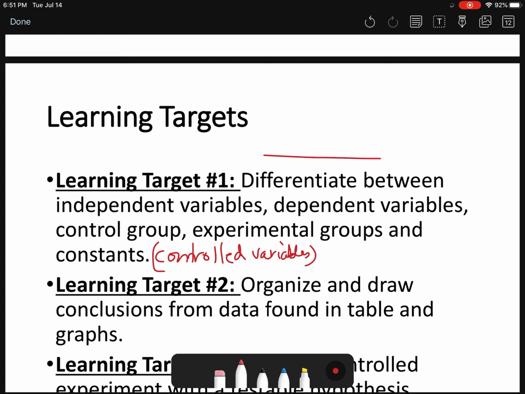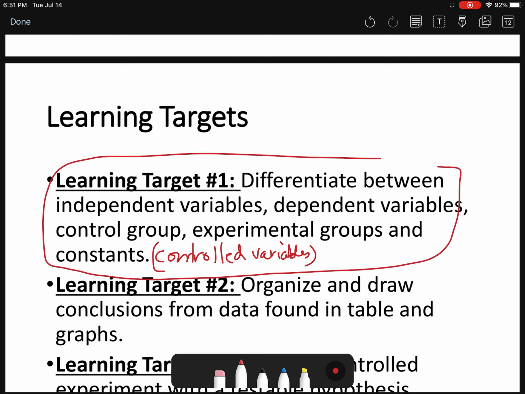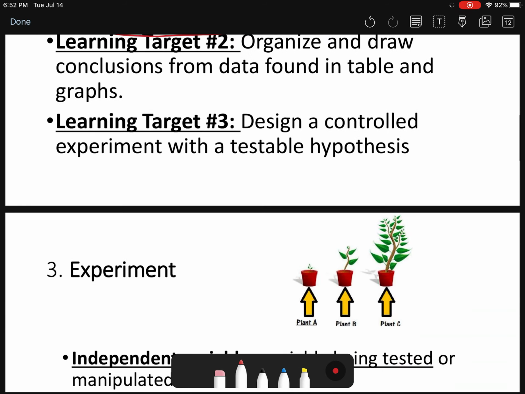So this right here is the one we're going to be focusing on today. Is really looking at when you set up an experiment, you really need to know what each of these different parts of that experiment represent.